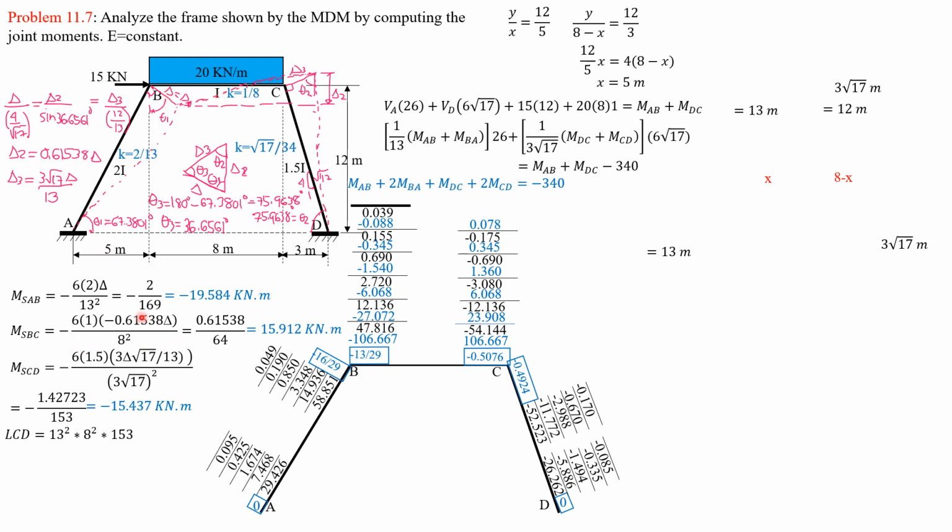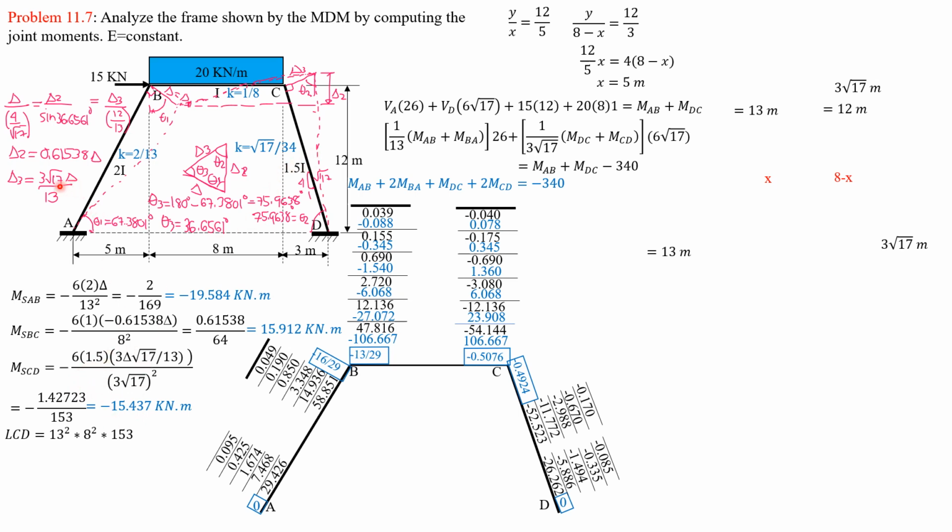For BC, negative 6 EI is 1. Delta 2 is 0.61538 of delta but made negative because the rotation is counterclockwise. All over length square, which is 8 square. So over 64, the value is 0.61538 in the numerator. I will also explain this later. Then for CD, negative 6 EI is 1.5.